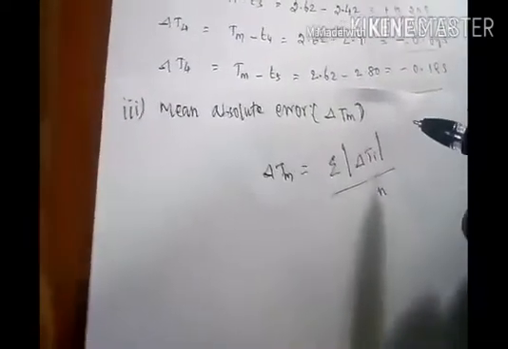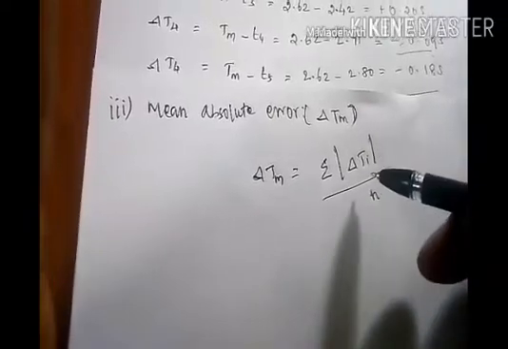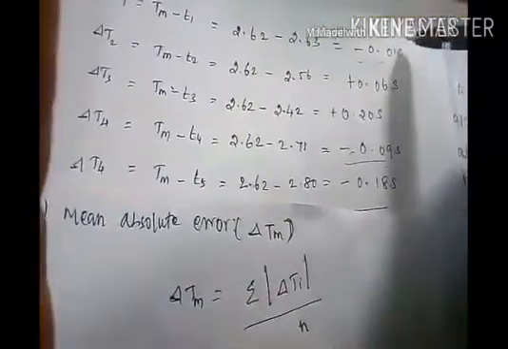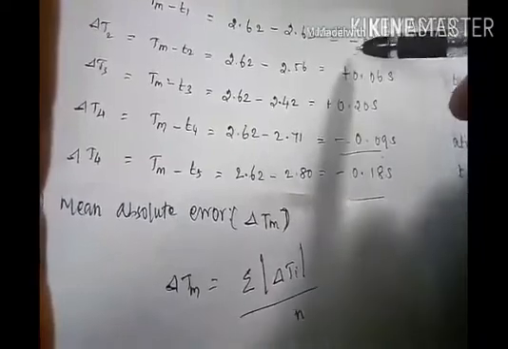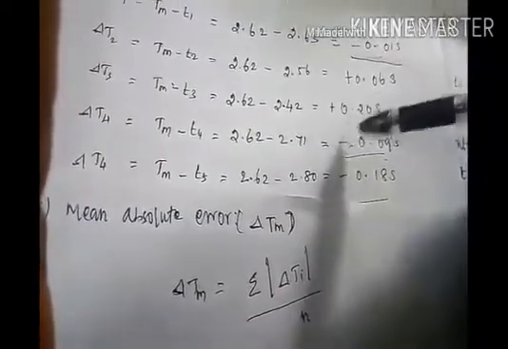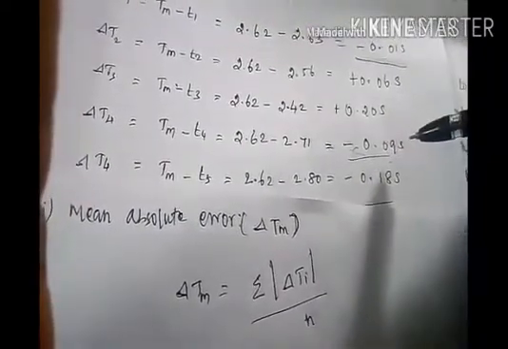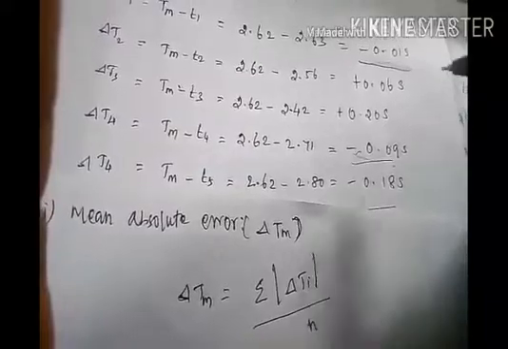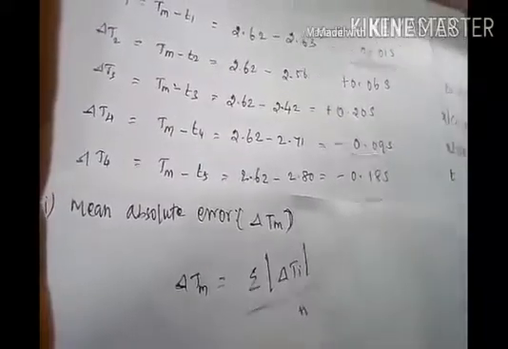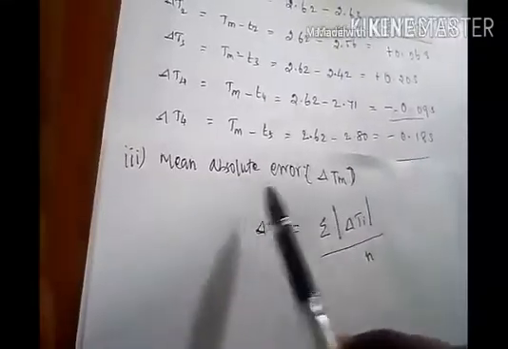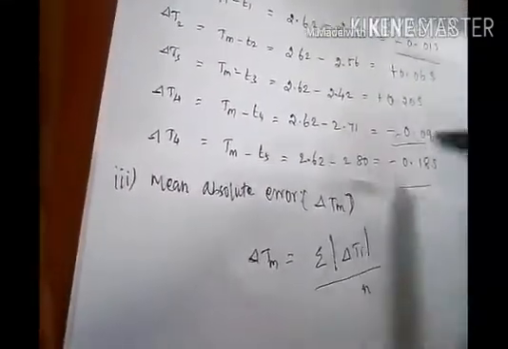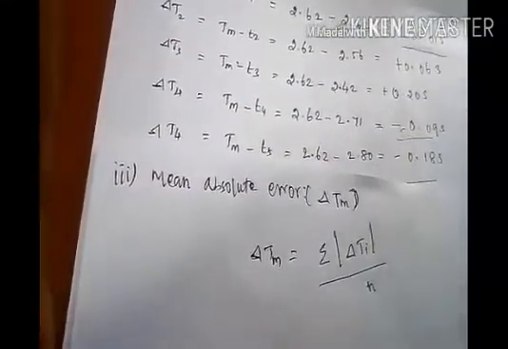Here the modulus is applied to the absolute error. The absolute error result is sometimes minus, and that minus will be taken as positive. That is the meaning of modulus. So the mean absolute error means you add all these values and divide by the number of trials.